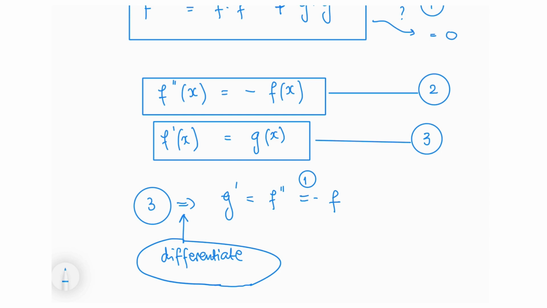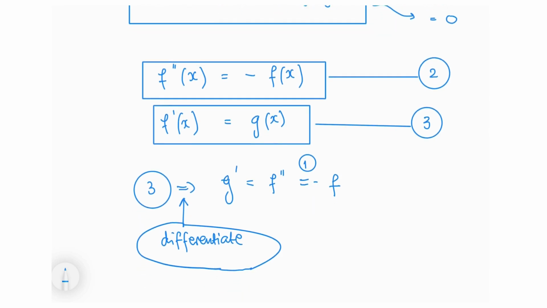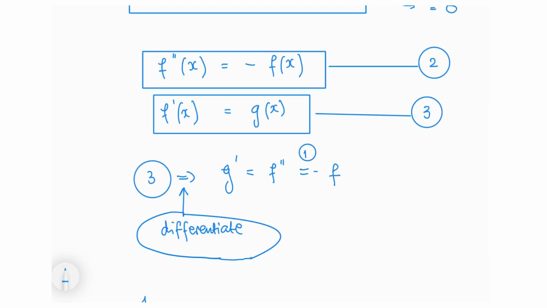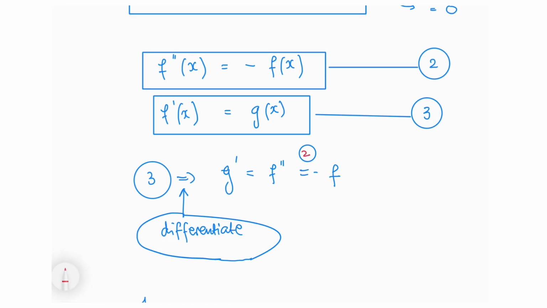If we differentiate 3, both sides, we have that. And now using 2, we have that g prime equals minus f. So from 1, sorry, here is 2. Here is 2, not 1.